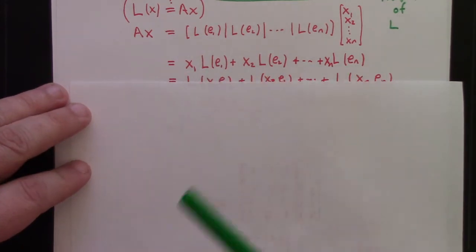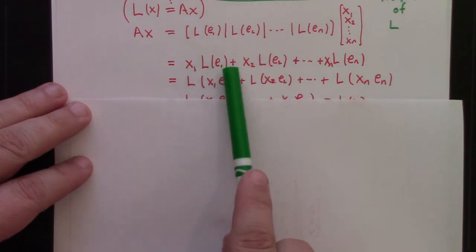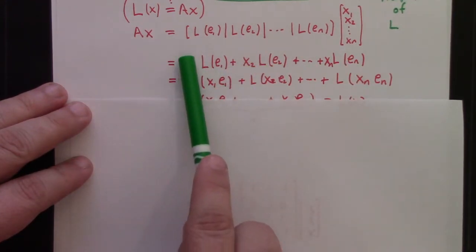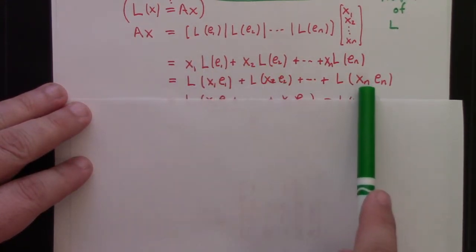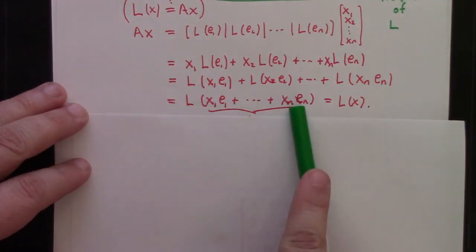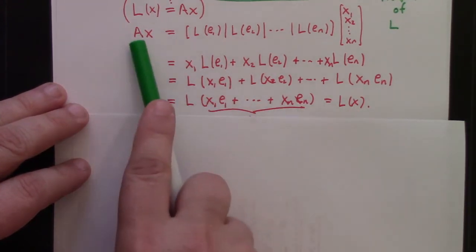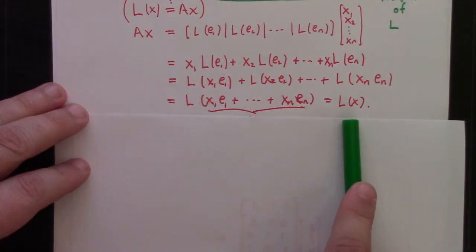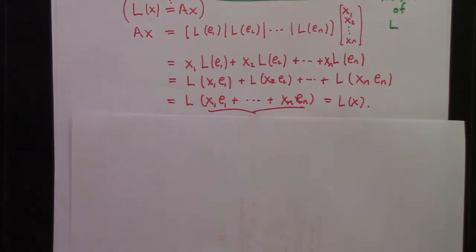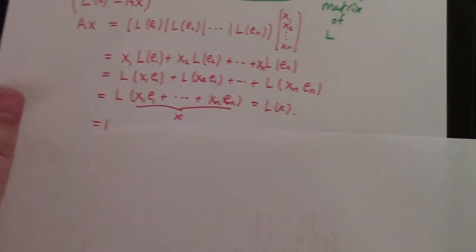I can pull the weights out in front into the linear transformation using homogeneity, pull the x1 in, pull the x2 in, pull the xn in. And then by additivity, repeatedly applied, I can combine them. I get that, which is L of x, so Ax is equal to L of x for all x, which is to say that the formula for L is given by matrix multiplication, and that, folks, is the fundamental theorem of linear algebra.